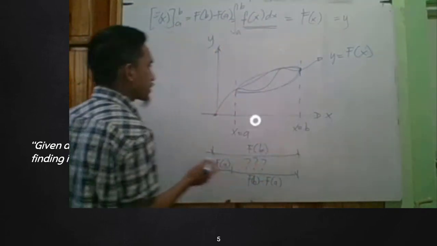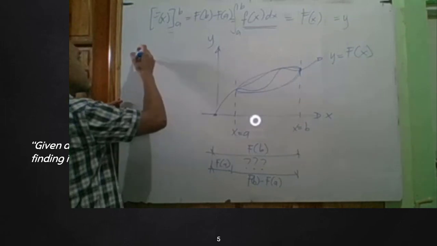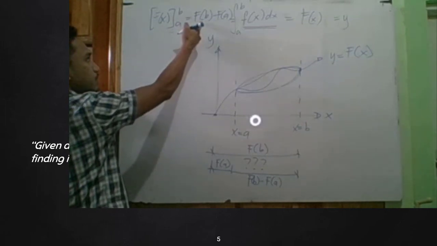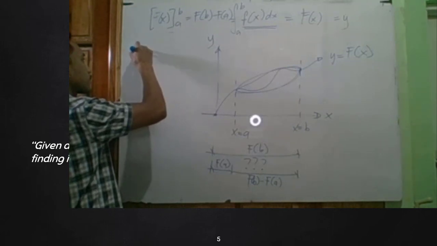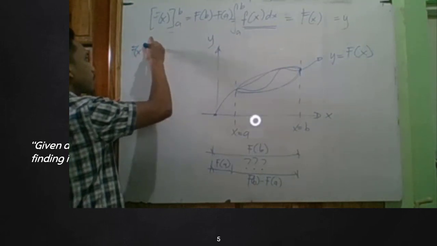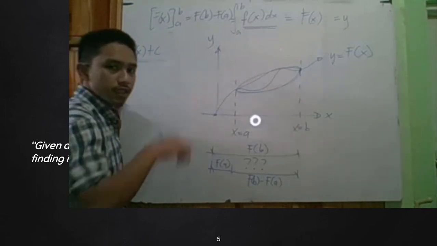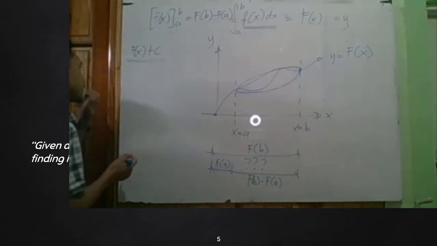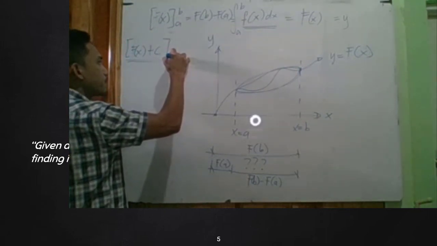So how did that plus c get cancelled? If you are trying to get this one, f of x plus c, let's say that is the answer from applying the indefinite integral properties. What you are going to do now is substitute your upper limit and lower limit.